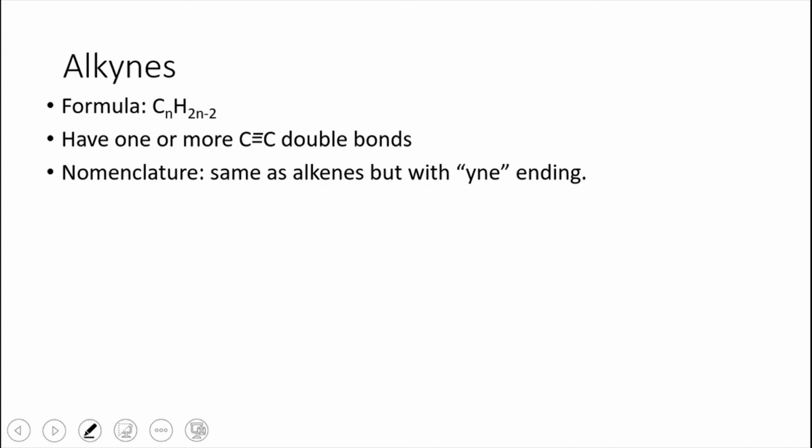The only difference is that the ending now is -yne. So for example, the 2-carbon compound will be ethyne, the 3-carbon compound propyne, and so forth, with the provision that you may have to indicate the position of the triple bond where there are isomers possible where the triple bond is at different positions.